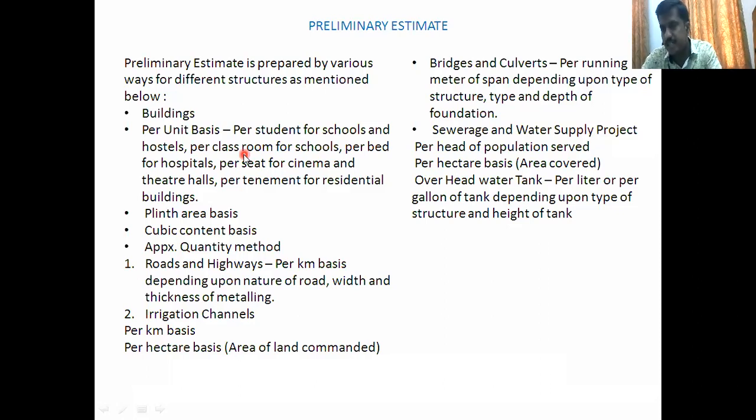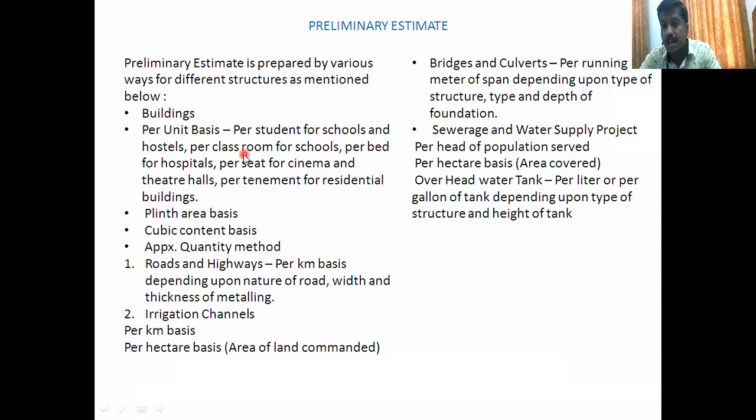So per seat you are going to calculate how much approximate area you require. Again, I am using this word, it's an approximate estimate. It is not the detailed or final estimate. It is required for getting some idea about the final estimate.